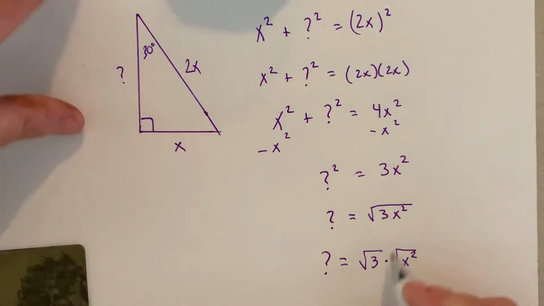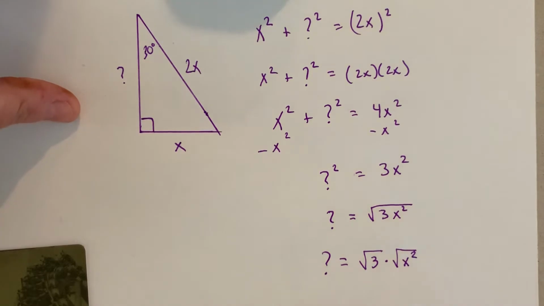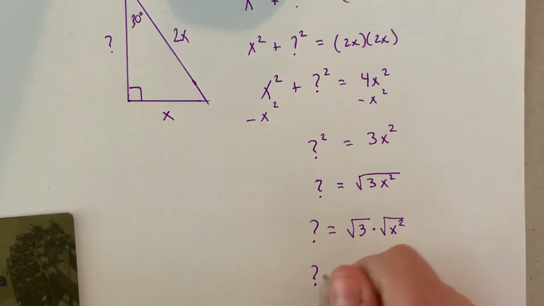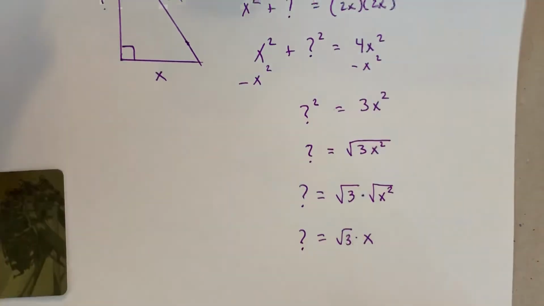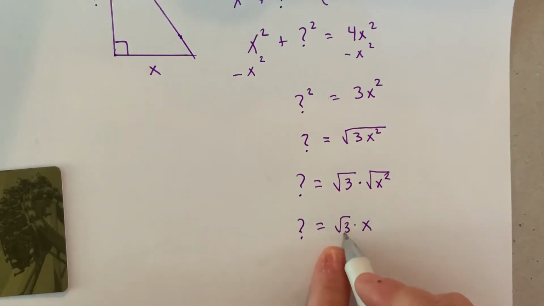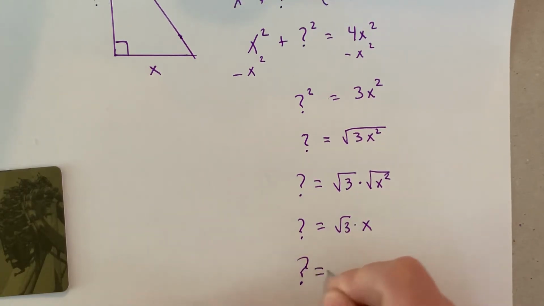But the square root of x squared, oh my gosh, what is the square root of x squared? It's just x. So question mark is equal to root 3 times x, which I'm just going to go ahead and commute those terms because I usually like to have my irrational part of a product come second. So question mark is equal to x root 3.